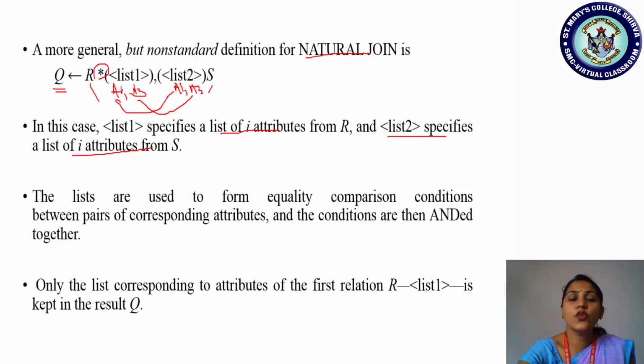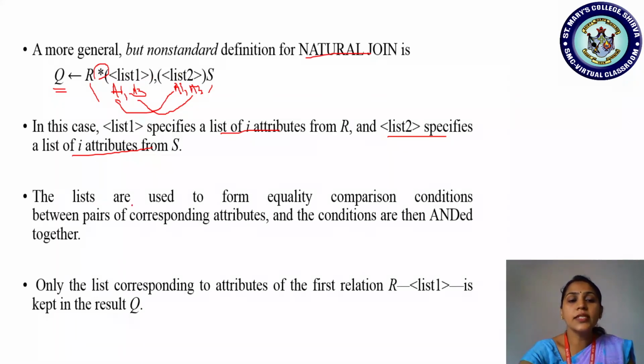Are you all understanding? So natural join does not focus on joining on only one particular attribute. We can also join the relations on more than one attribute, checking the equality condition with respect to having the same attribute names in both relations R and S.